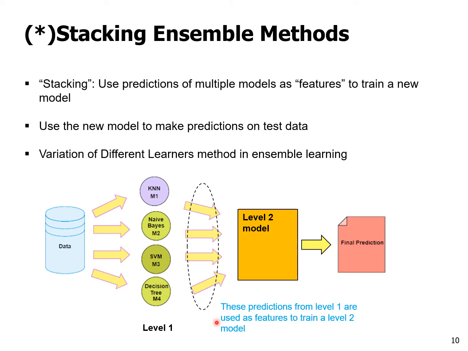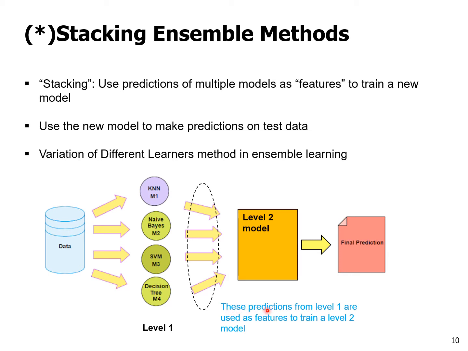So we have two levels of algorithms. We have multiple level 1 algorithms. So in level 1, we have multiple learners here. But in level 2, we have only one algorithm, which actually takes the feature values as input and makes final predictions. Okay, so that's the difference.